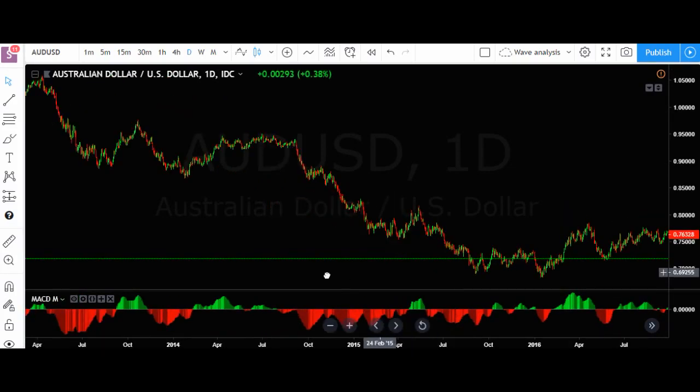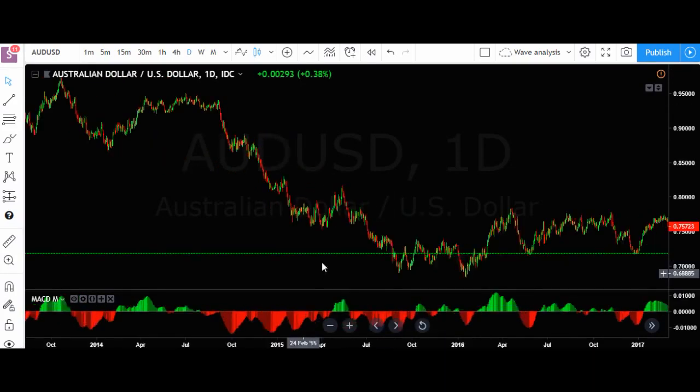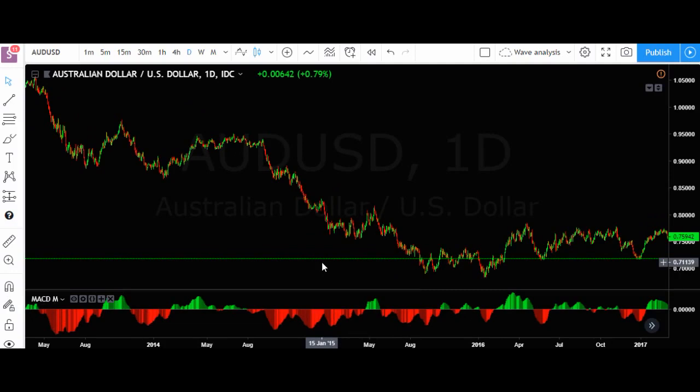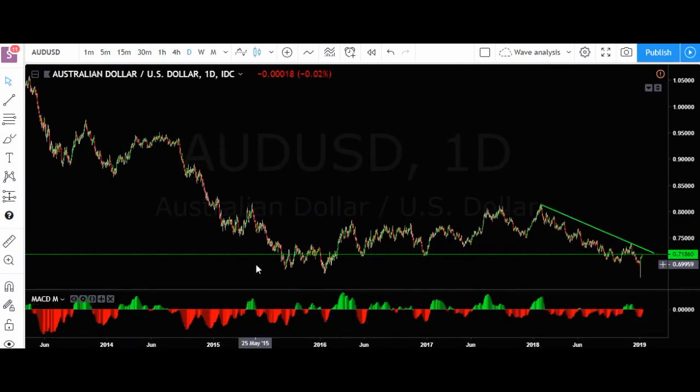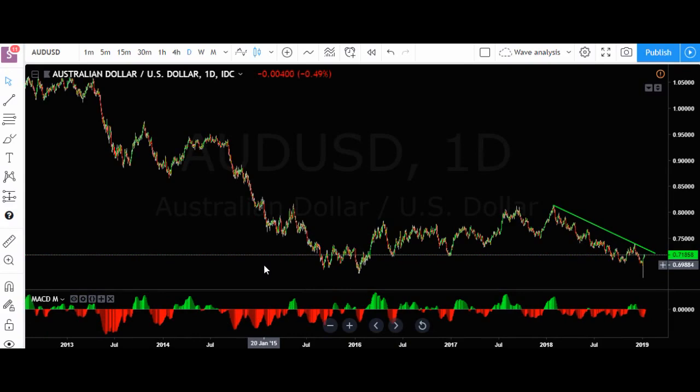And here it started to make a bigger correction or a reversal. Let's just see what happened here. I have to compress this so we can see. So you would have flipped this whole move.